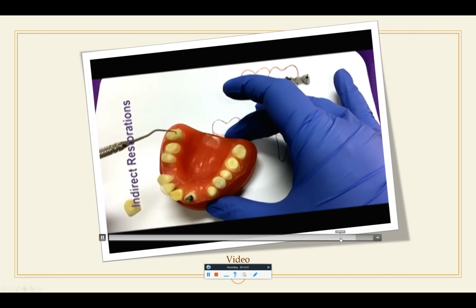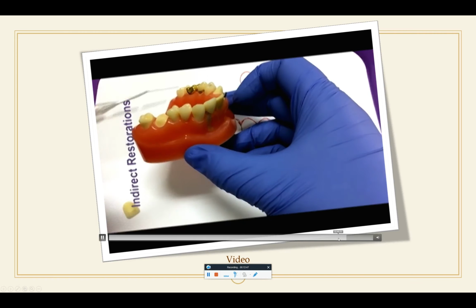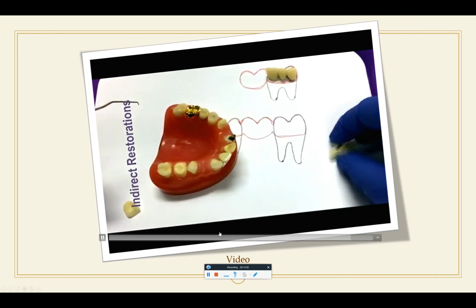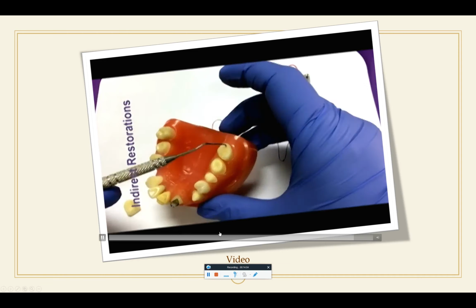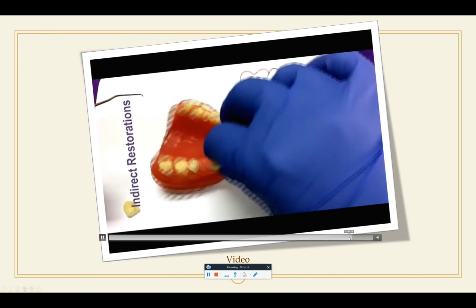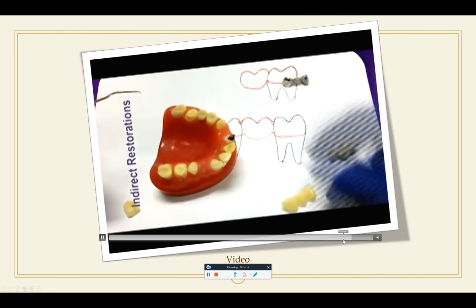Veneers are typically porcelain or ceramic. They replace the facial and incisal surface, and sometimes the lingual surface of the tooth. This veneer is meant like a crown or bridge. It's one of the most aesthetic restorations of all, and a lot of people prefer to do it.